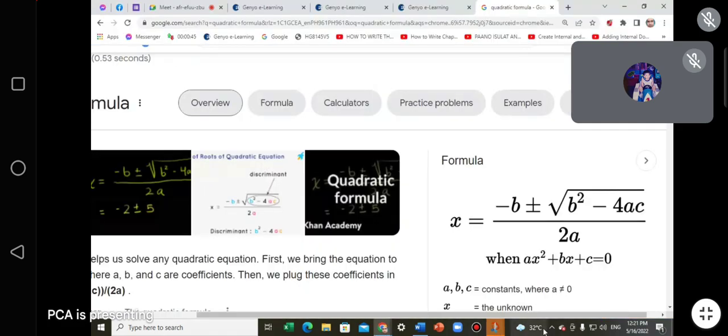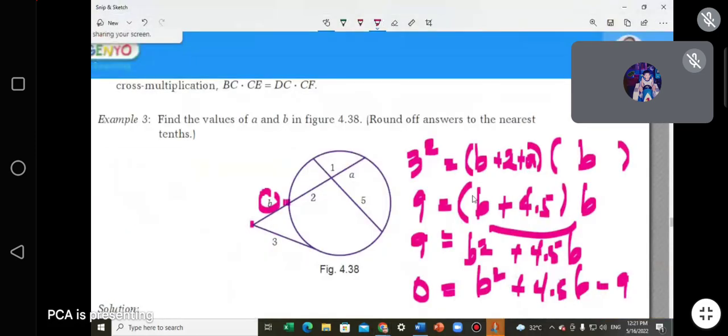And then you just continue, no? And recall this one. So if we are here, how do you solve for 1.5? This is quadratic class, no? Okay. You are actually solving for letter B. Looking for B, the formula is negative B, that is a coefficient, no? Okay. So for this one, your coefficient is this one, no?